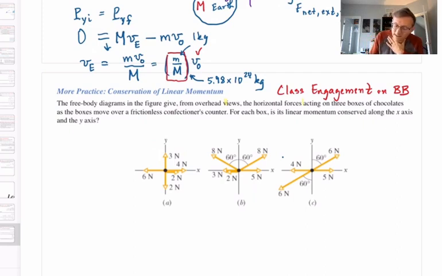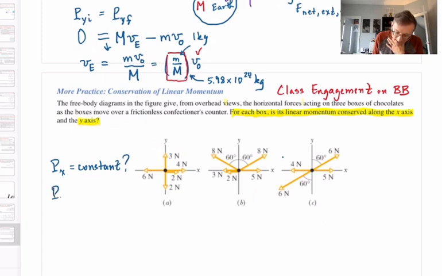All right, here's our task. For each box, A and B and C, one by one, you are to tell me, is the linear momentum conserved along the x-axis? In other words, is capital P sub x equal to a constant value for that box? And then separately, is the linear momentum conserved along the y-axis?